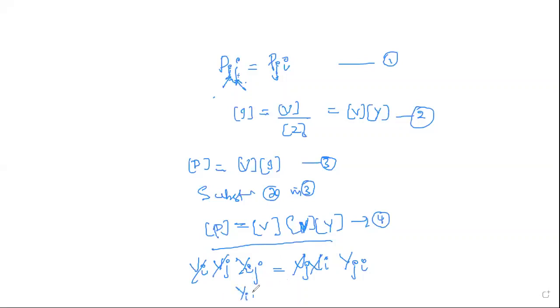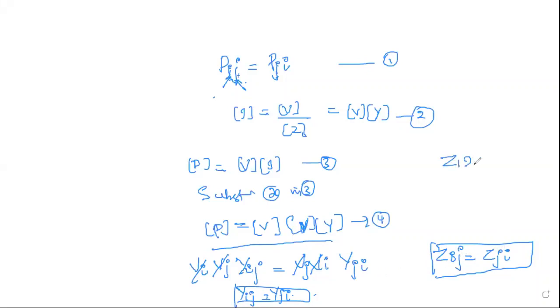You will be left with Yij is equal to Yji, or in terms of impedance, Zij is equal to Zji. So you can see Yij is equal to Yji, or Zij is equal to Zji, which means that if you have Z12, this is also equal to Z21, or if you have Y12, this is also equal to Y21. So this is reciprocal network symmetricity.